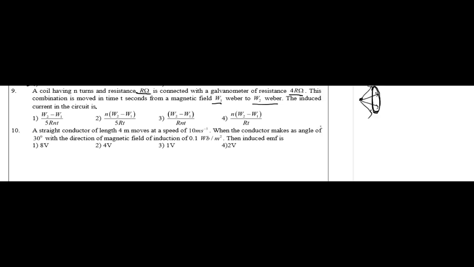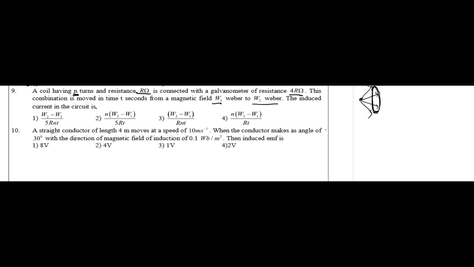So I is equal to n into d phi by dt, divided by the total resistance. Here d phi is the change in flux, which is W2 minus W1.